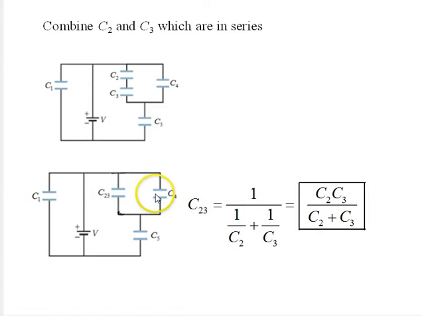We can redraw our circuit and rename the equivalent capacitance of C2 and C3 as just C23.